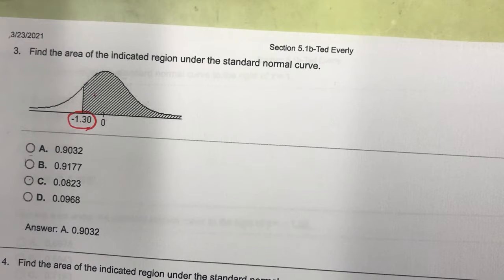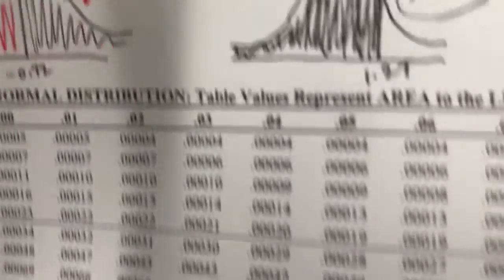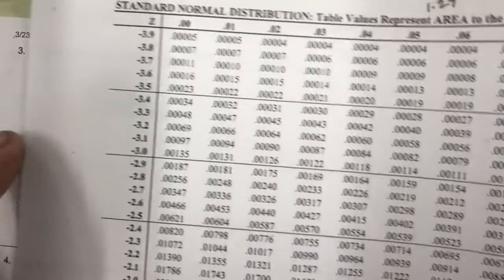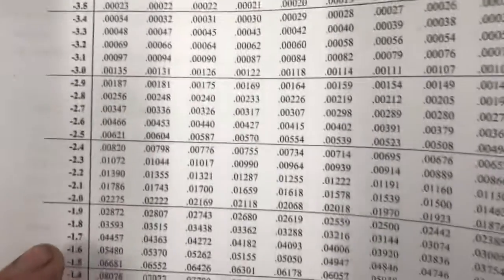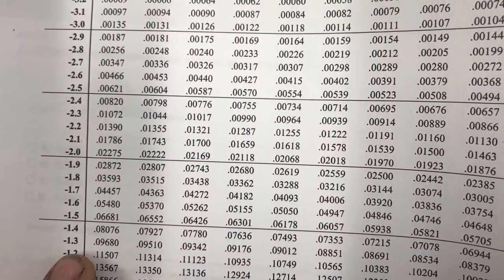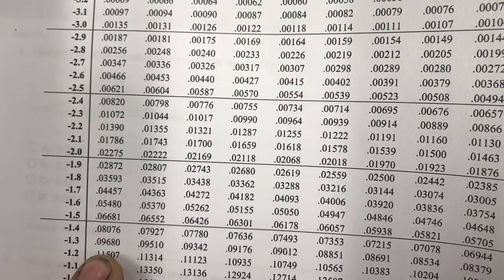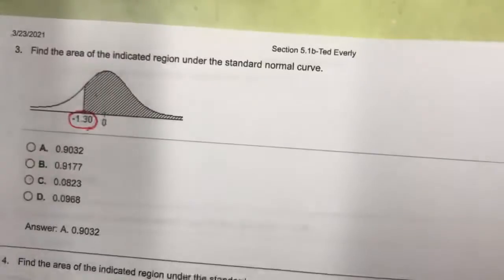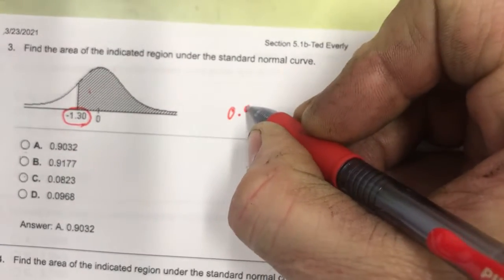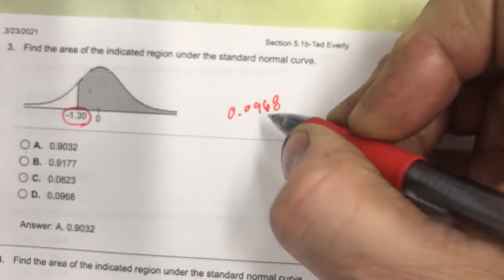Okay, negative 1.30 is 0.0968. Now that's to the left.